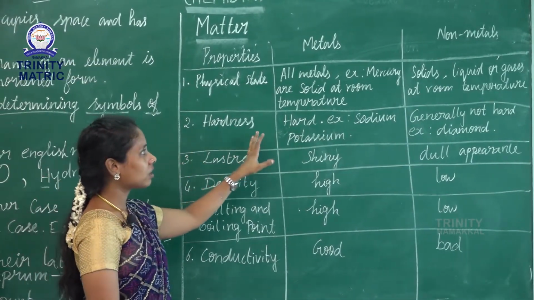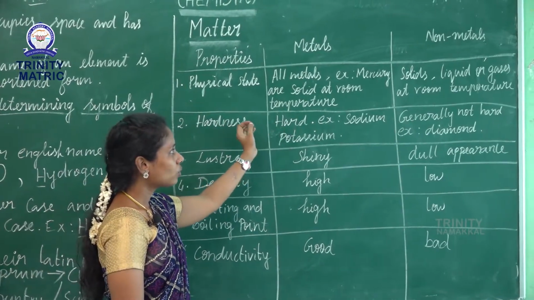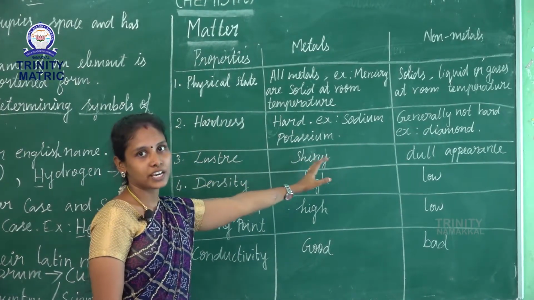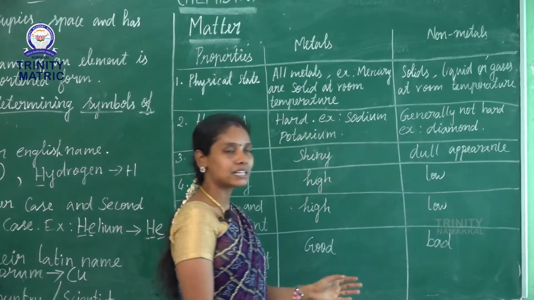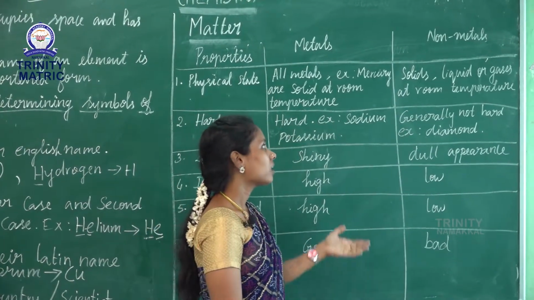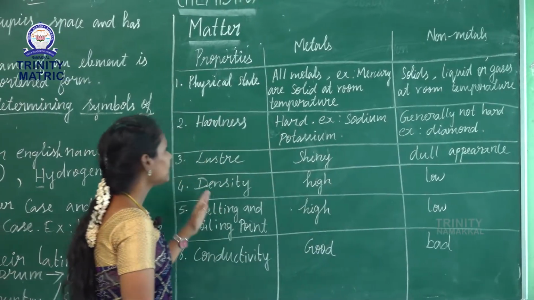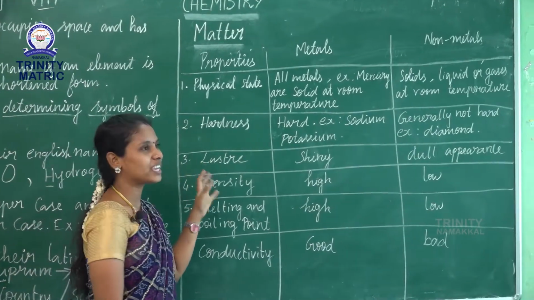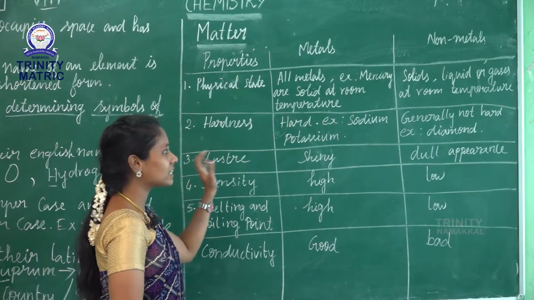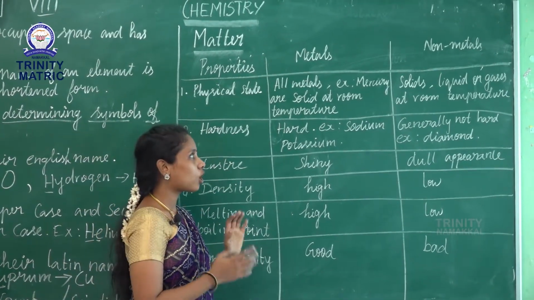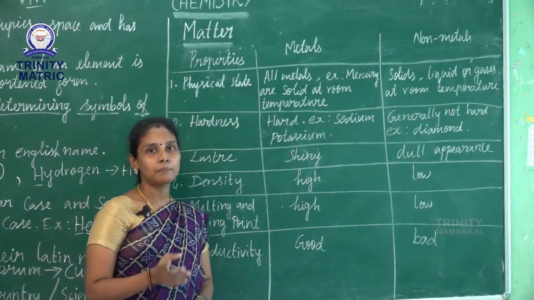All metals are hard, except sodium and potassium. Non-metals are generally not hard, except diamond. And then luster. Luster means shiny. Metals generally have a shiny surface and non-metals generally have a dull appearance.